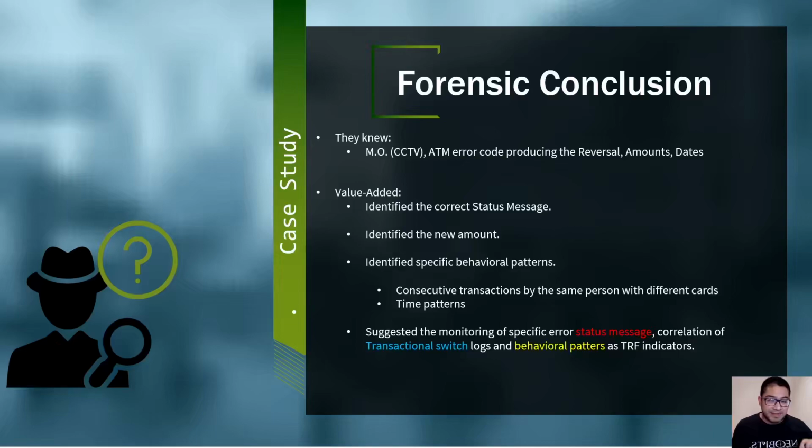Because of the timestamps, I saw that it took just about 5 seconds from transaction to transaction. The normal time between transactions could be 1 minute, 2 minutes, 5 minutes, 10 minutes, 1 hour, but 5 seconds between each transaction is just the time it takes to take the card out and insert another one. So I could see just from the journal analysis that it was the same person.